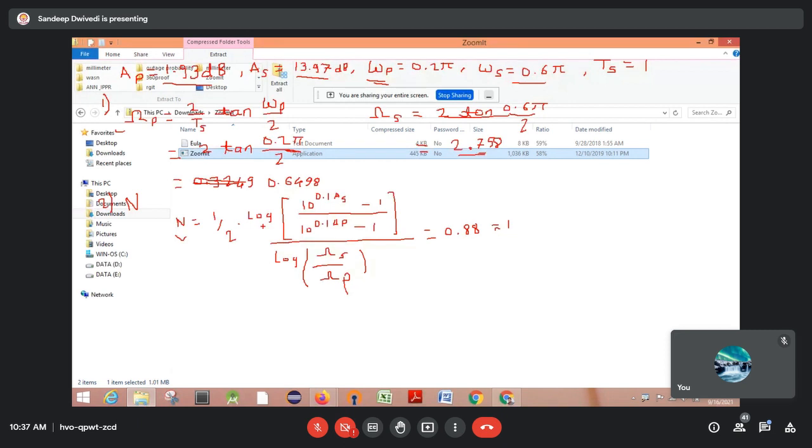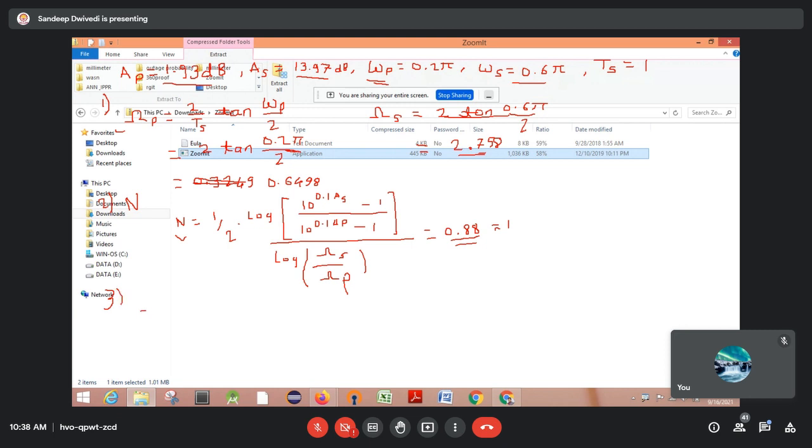Take the logarithm of that and divide it by this log value, 2.7758 divided by 0.6498. Do this calculation, you will get, please verify this answer, 0.88, and that is approximately 1. So the order of the filter will be 1.